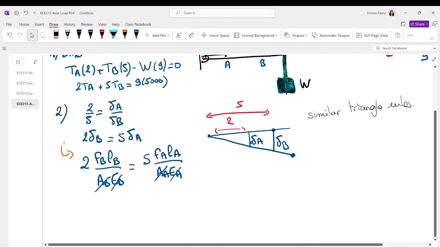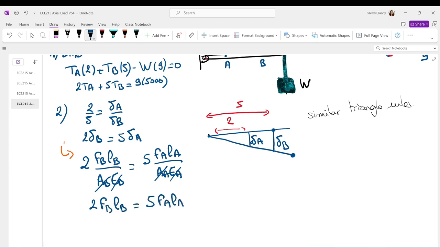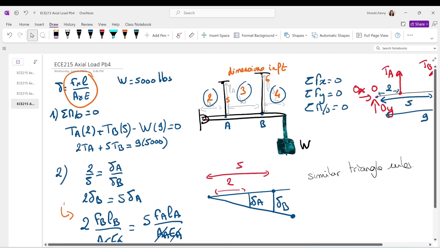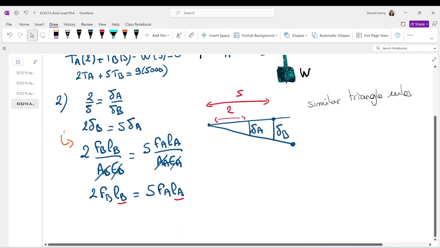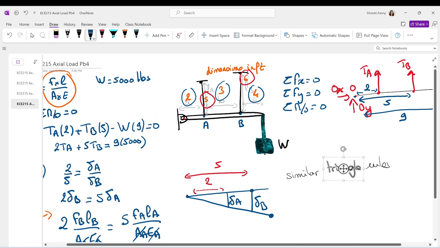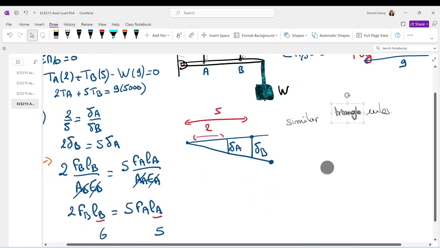So we can write that 2 FB LB equals 5 FA LA. For those LA and LB, that's the initial length, the data that are given there, the 5 and the 6. So LA was 5 and LB was 6, those values in red.